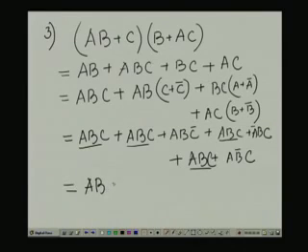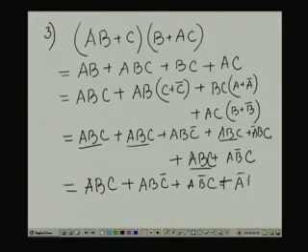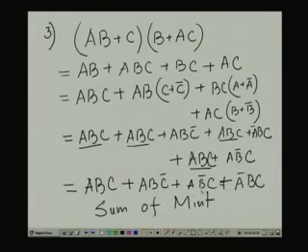So again from the first postulate it becomes ABC, and the remaining terms will be there: ABC bar + AB bar C + A bar BC. So, this is my sum of min terms, because it was a 3 variable function.